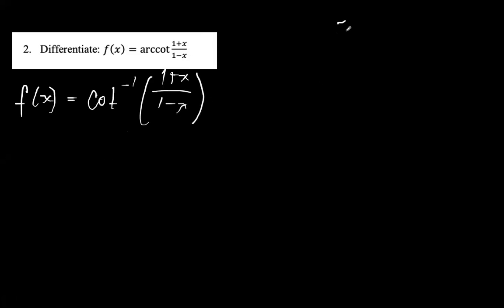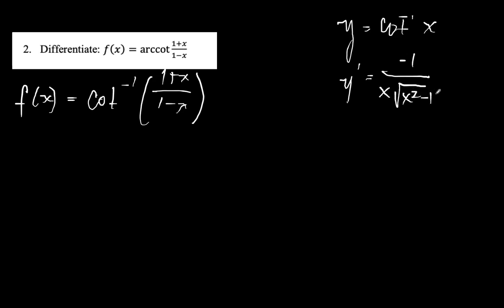Okay, let's just review. y is equal to arc cot, or cot inverse, of x, so y prime is negative 1 over x squared minus 1, times x prime.